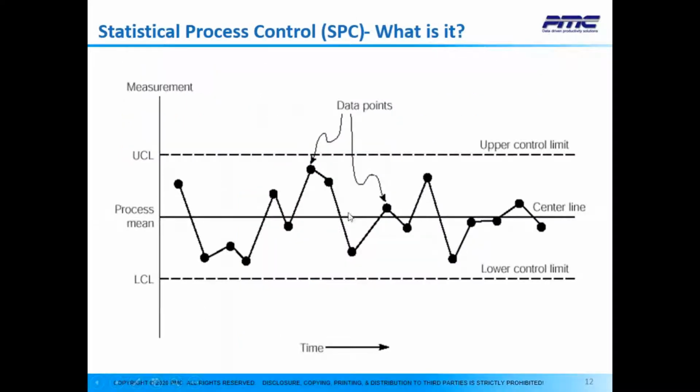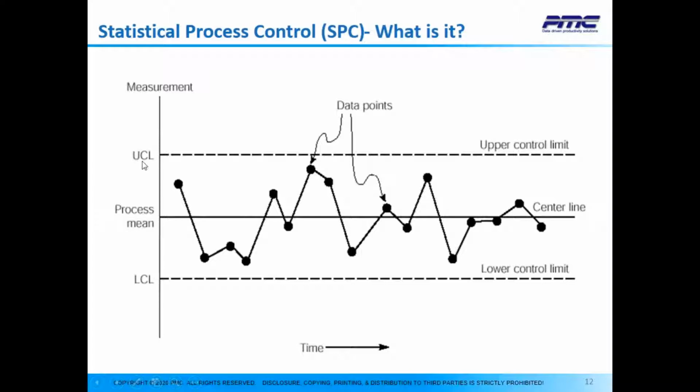So this is a typical control chart, which has a center line, which is the process mean, and the 2 control limits, as you can see, upper control limit and the lower control limit. So again, these are not the spec limits. These are control limits defined by the process mean.